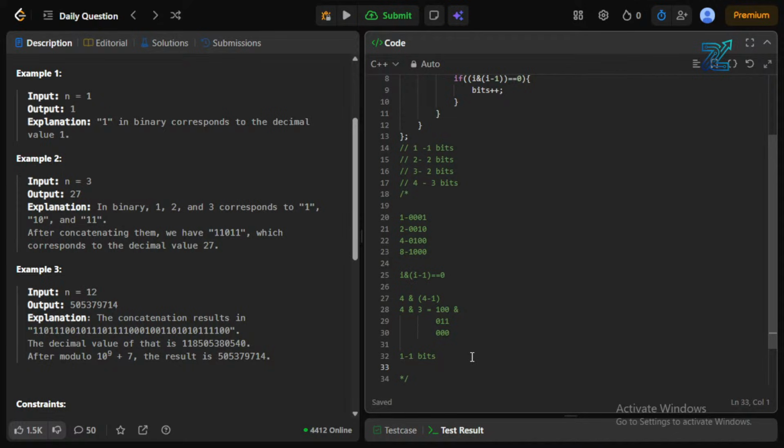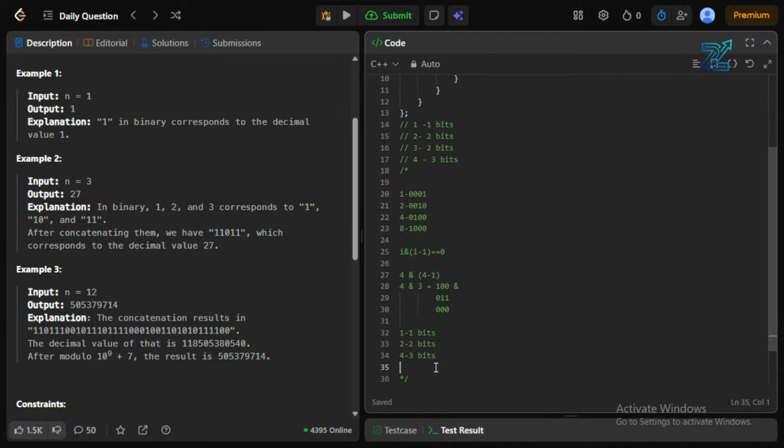For 2 we will get 2 bits, and for 3, here we are taking powers of 2, right? Then for 4 we will get 3 bits, then for 8 we will get 4 bits, right? So if it is a power of 2, then we are increasing the bits count, okay? So then what am I going to write?